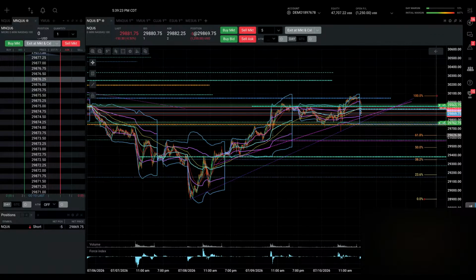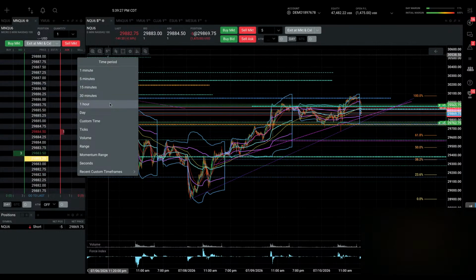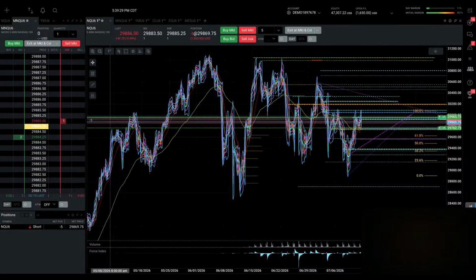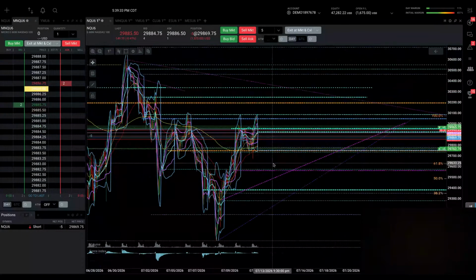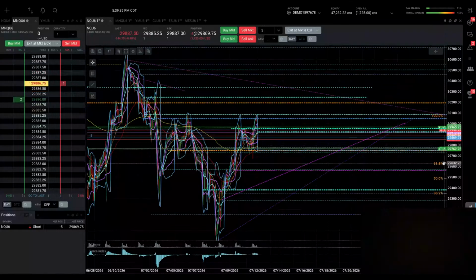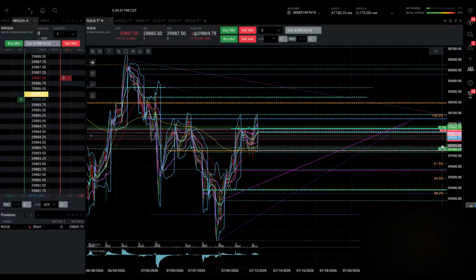If we look on our hourly, I would assume the 200 is probably right here. So let's check. Let's go to the hourly. No, it's not that close. 200's here.